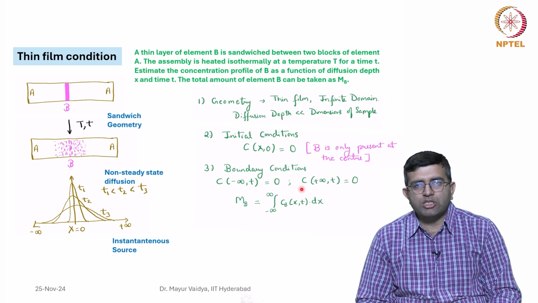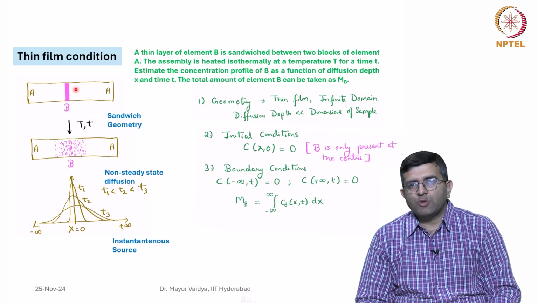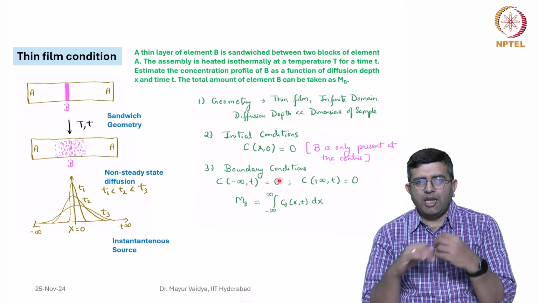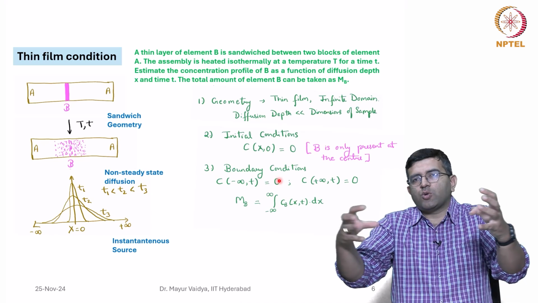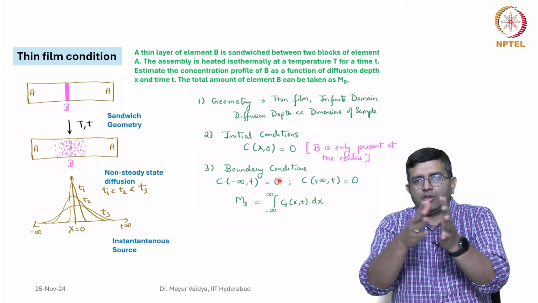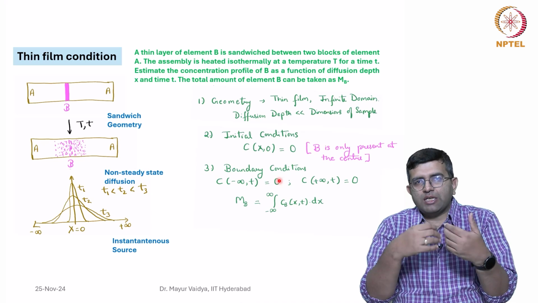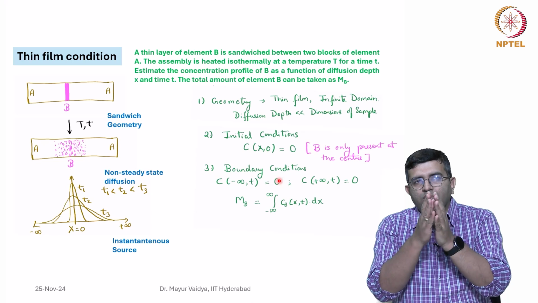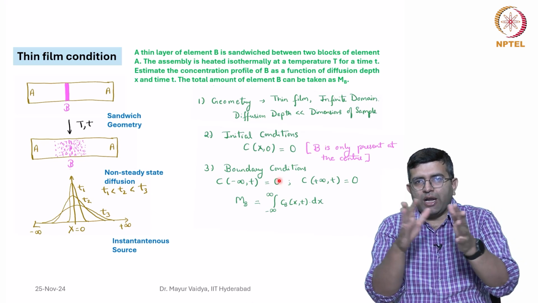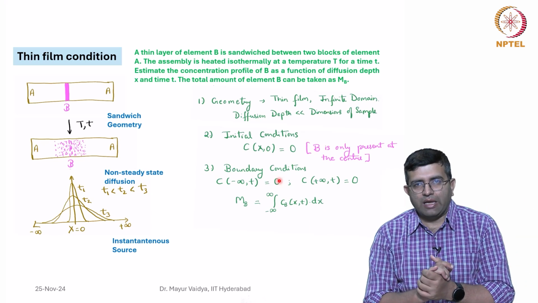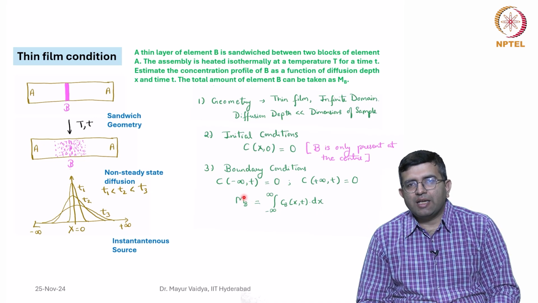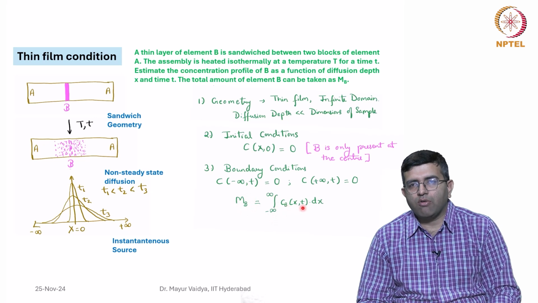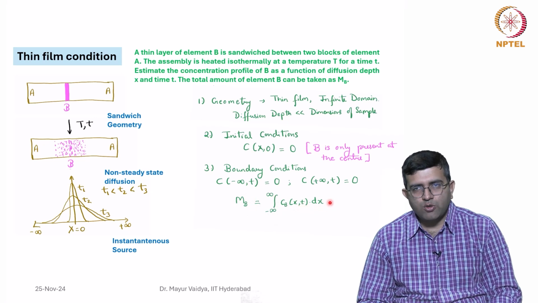There is also a condition that, let us say, initially you started with B with some amount which is MB. Now at any point, if somebody has to measure the total concentration of B in my entire setup, it will not change because there is no reaction happening and B is not getting evaporated. So whatever B was there initially will be there, spread across both blocks of A. Therefore, what I can write is that MB, which is my initial amount, is equal to the integral from minus infinity to infinity of C_B(x,t) dx, assuming a unit cross section.